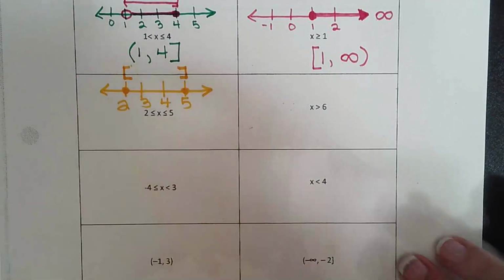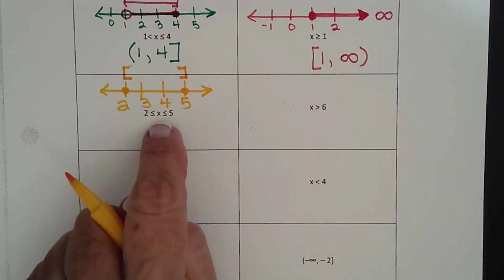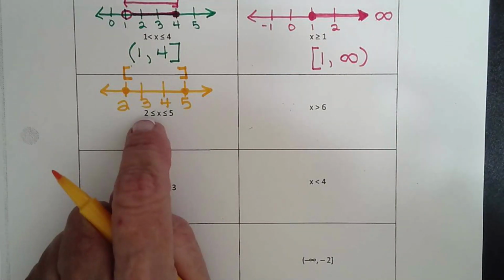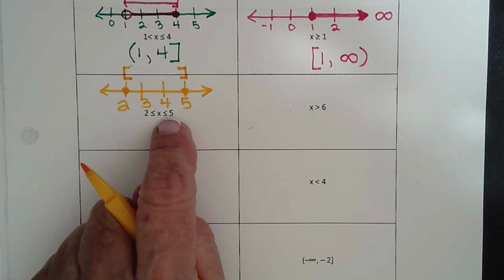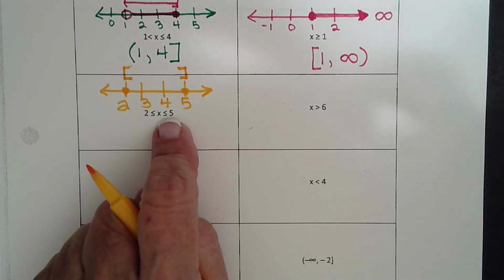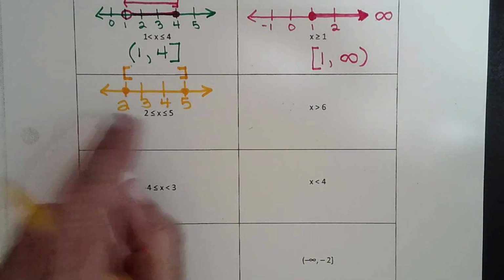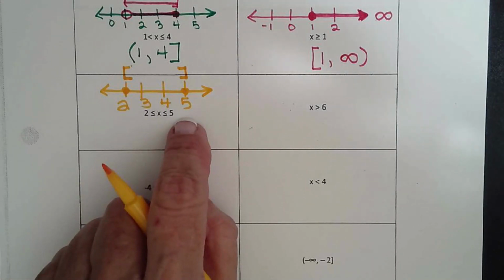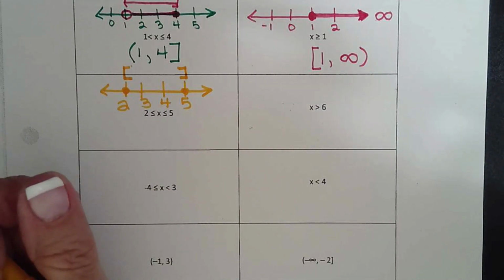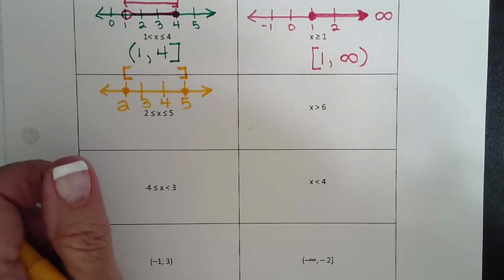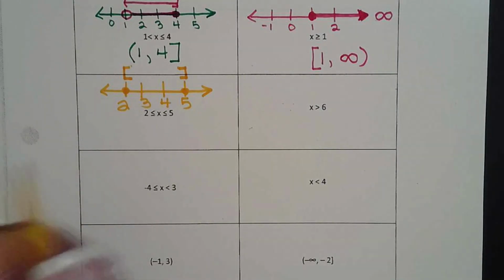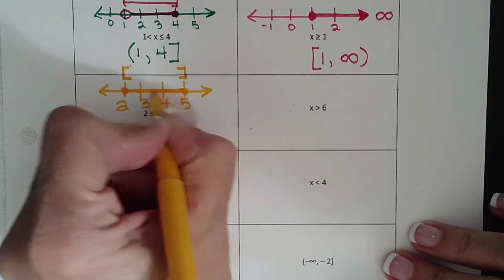The brackets have the equal sign. And this is all the x's between 2 and 5, and then you would say comma inclusive. That means include both endpoints. X is between 2 and 5, inclusive, means including both endpoints.